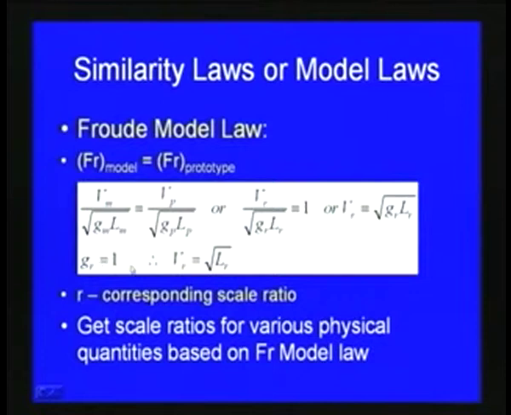But most laboratory models which we develop will be with the same acceleration due to gravity as the prototype. So we can write G_r is equal to 1, and V_r is equal to square root of L_r with respect to the Froude model law. So, this gives the Froude model law.